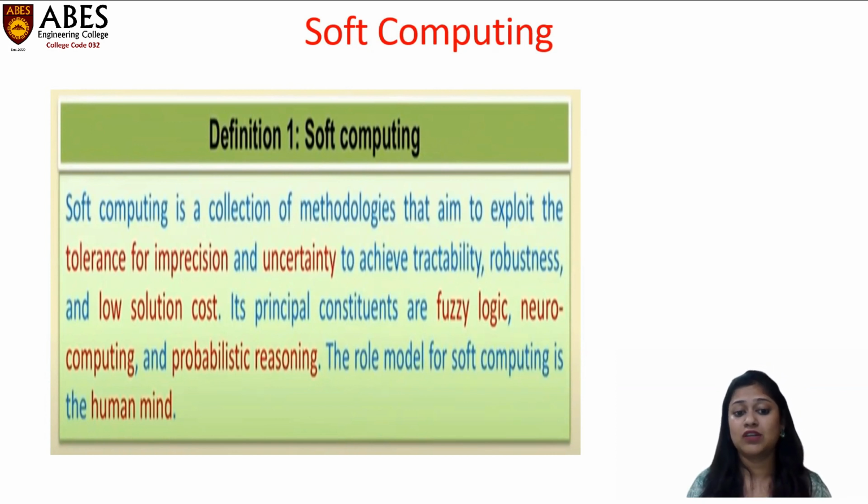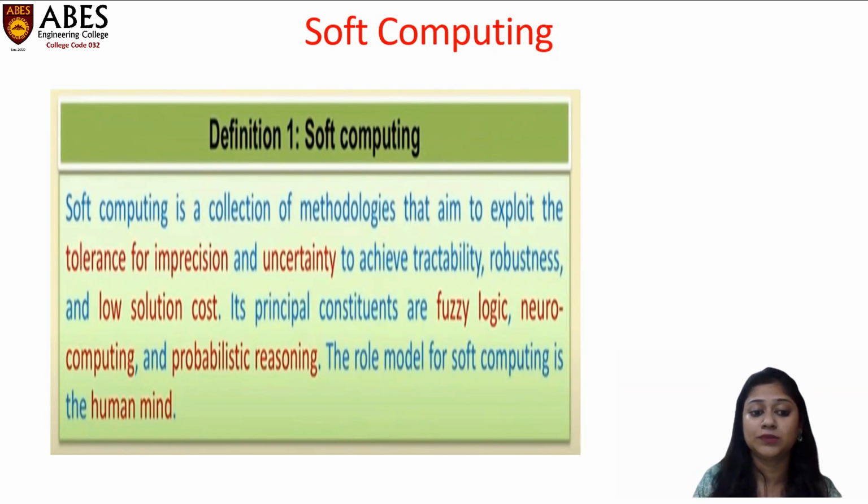Whenever we produce some output, it's uncertain. It doesn't provide the exact solution. There is uncertainty, imprecision, and a low solution cost. Robustness in soft computing means that if I provide multiple inputs, my system, my methodology should still work on the given problem.